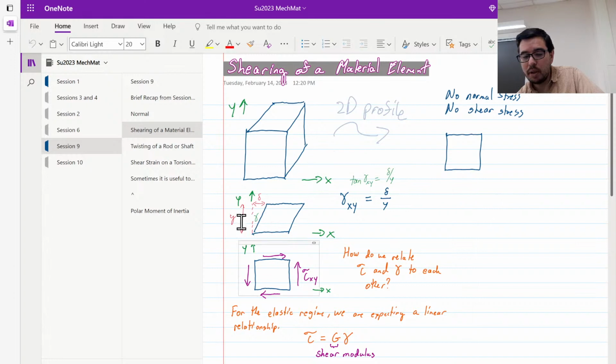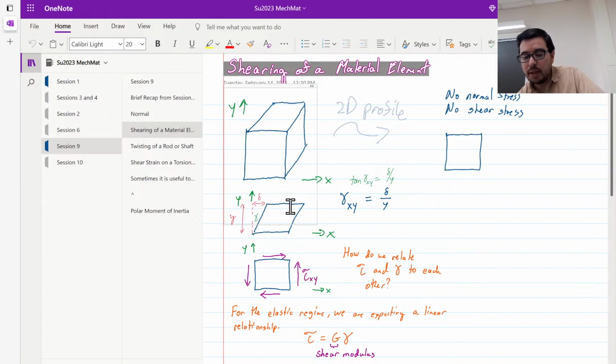So if we look here, what you see is that we have this gamma, which is this angle with a vertical dictated by some displacement.